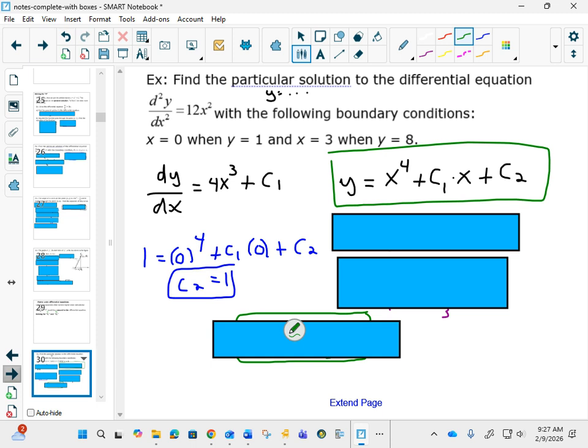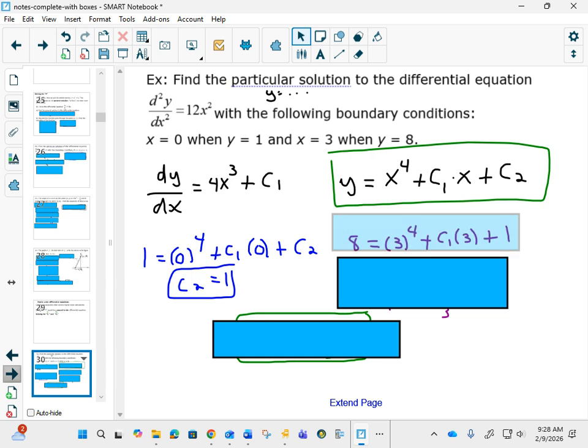But most of the time, you're going to have to solve a system of equations. You're going to plug in your 1 point and get an equation with c1 and c2. Plug in your second point and get a second equation with c1 and c2. And then you have to use your skills with systems of equations to solve it. This one was a little bit easier because as soon as I plugged in 0, I knew what c2 was.